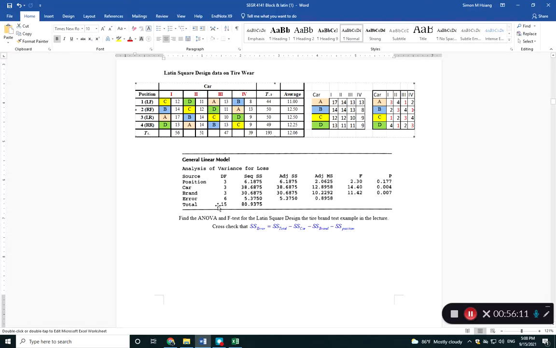So he will say, use up 3 degrees of freedom for brand, 3 for car, 3 for position, and let's just say another 3 for driver. Sooner or later, what will be the problem? You don't have much left for your error term. And then at the end, nothing can be explained or tested because there's nothing left for your error term. Then you're in big trouble, right?